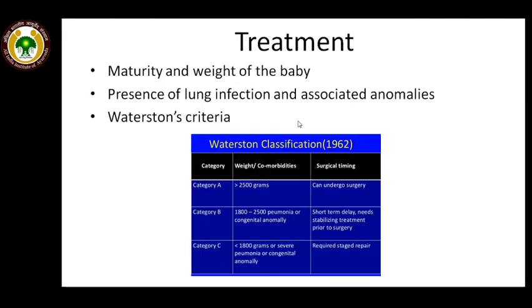Now, regarding the treatment, you have to understand that the therapy of esophageal atresia is mainly performing a surgery. The therapy of esophageal atresia must take into account the maturity and weight of the baby, besides the presence of lung infection and associated anomalies.